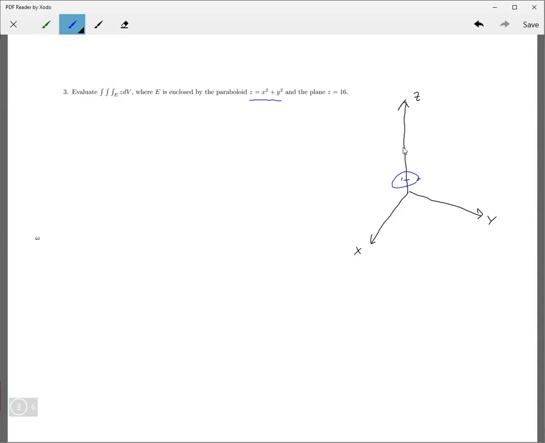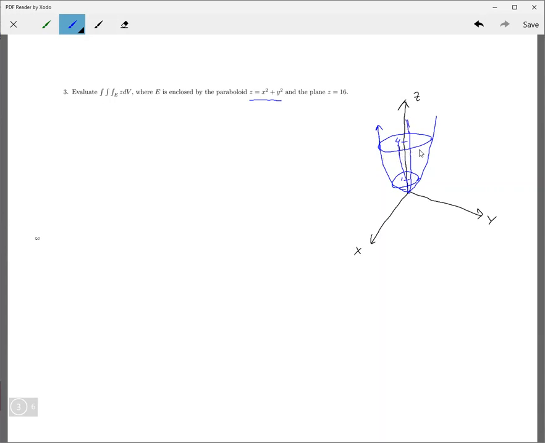If we're at 4, then we would have a circle of radius 4, right? Okay, so it's going to come up like this, and come up like here, and come up on the back side.